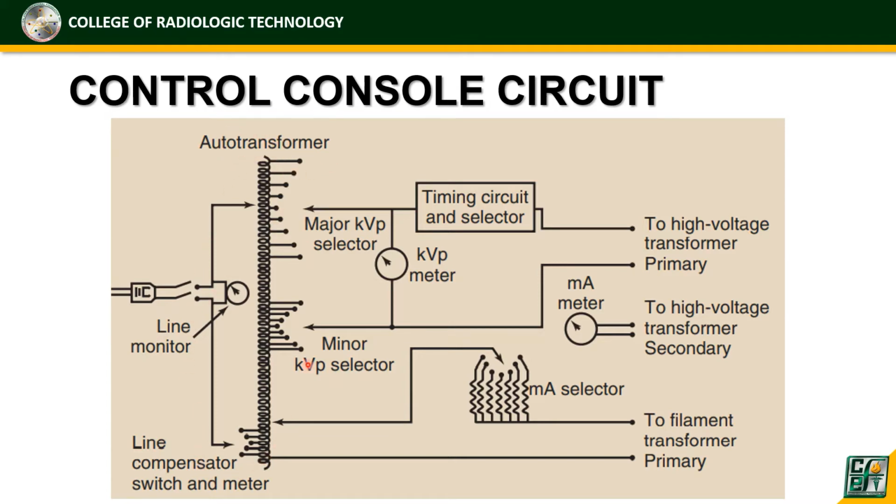The auto transformer is responsible for the line compensation as well as the KVP selection. We have the KVP major and KVP minor. We also have the KVP meter and the timing circuit and selector.